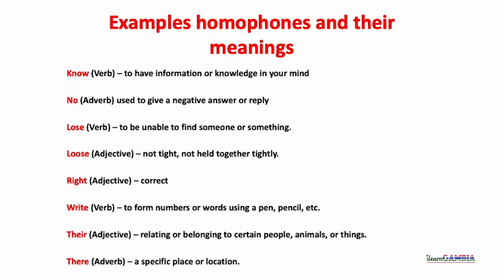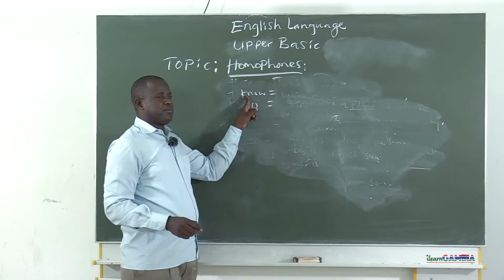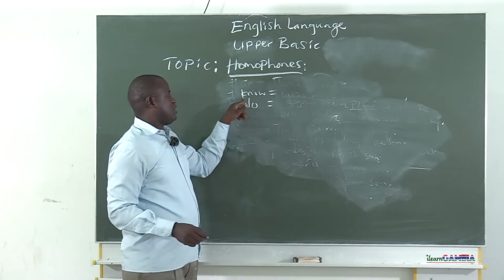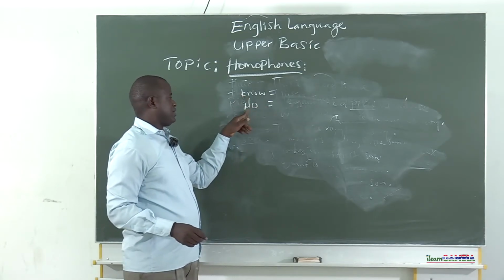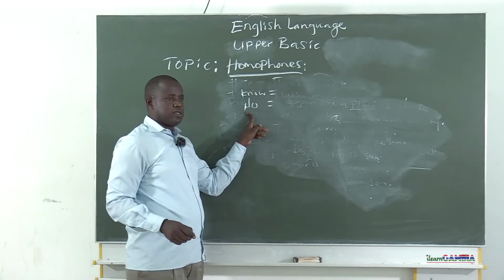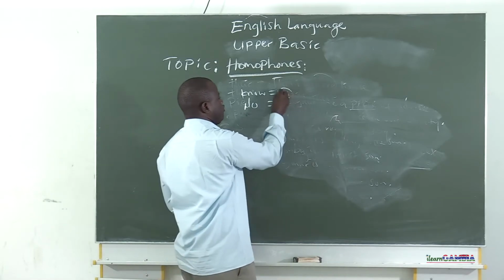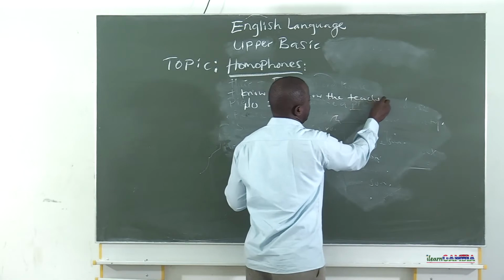Now study these homophones and their meaning. Let's get this one. K-N-O-W and N-O. If you look at this, it's a verb, and this one is an adverb. The meaning of this one is to know something. How about this one? It's used in negative answers. For example, you do this, I know the teacher's name.